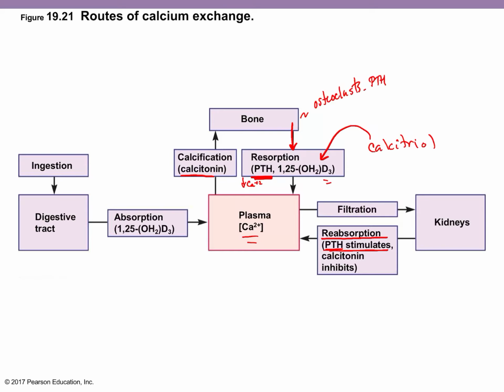That's what it's saying. So the calcium is going to move from our tubules into the plasma because of parathyroid hormone. Parathyroid hormone also stimulates the activation of our D3 inside of our kidneys. So it's going to get that ball rolling on the pathway to get the active D3 or calcitriol.